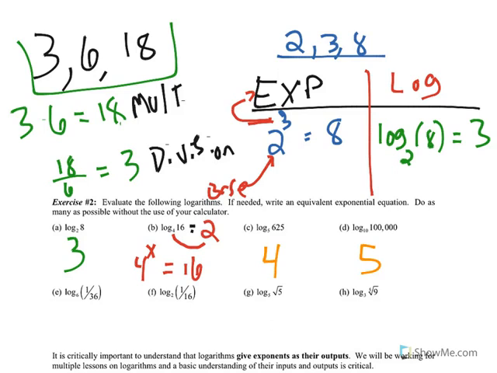All right? And these bottom four, you can try them in your calculator if you need to using the log base function. But this would be negative 2. This would be negative 4. That's where we start to get negative exponents. And then we also have rational exponents. Square root is the same thing as 1/2.